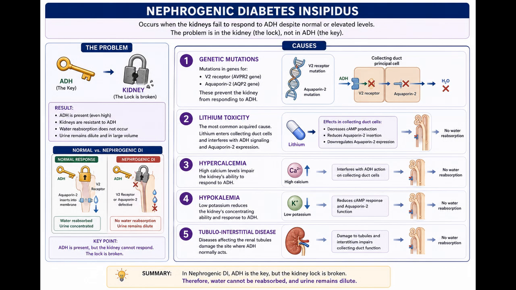Lithium enters collecting duct cells and interferes with ADH signaling. Hypercalcemia. High calcium impairs the kidney's ability to respond to ADH. Hypokalemia. Low potassium also reduces the kidney's concentrating ability. Tubulointerstitial disease. Diseases affecting the renal tubules damage the site where ADH normally acts.